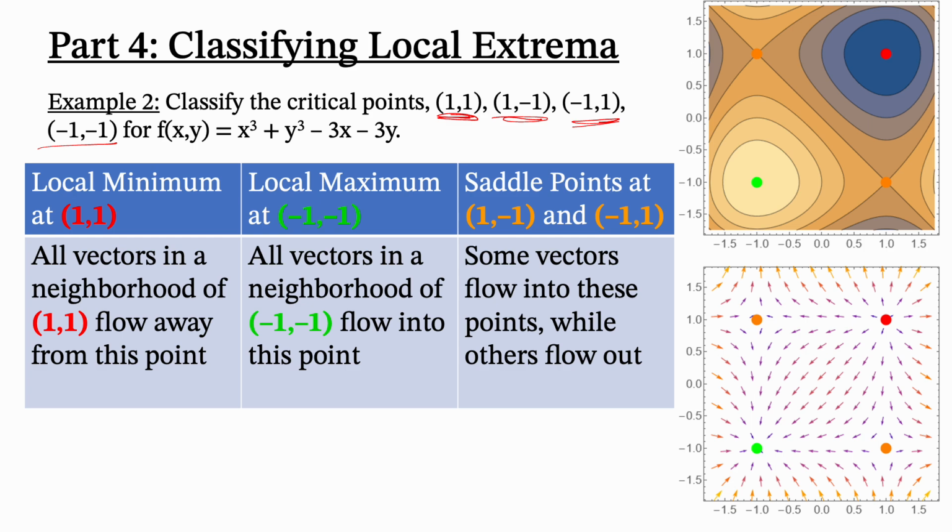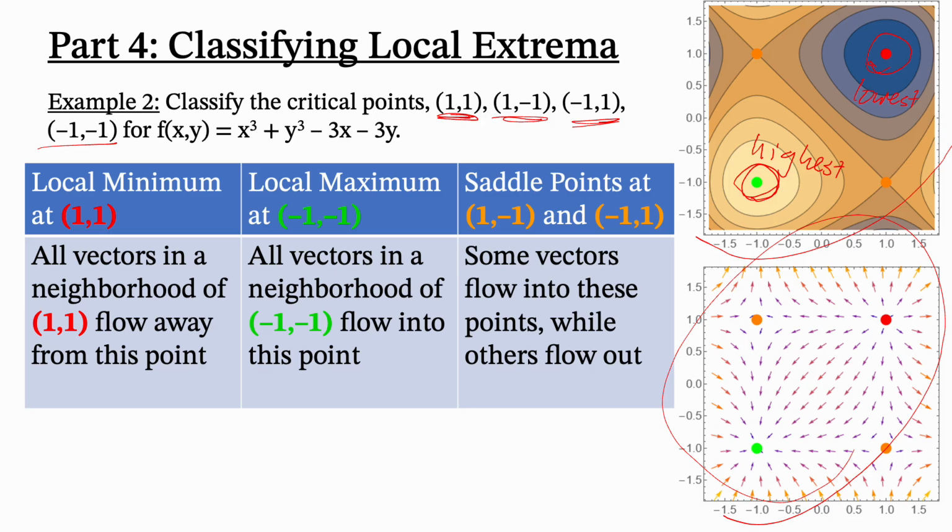You could use a contour plot, like you see here, or a gradient vector field, like you see here, and that can be an effective way to classify your critical points. It requires you to have a computer or a lot of time to draw the plot, but we can see that this is our highest point, kind of like the highest altitude point on this island. This is our lowest point, our minimum.